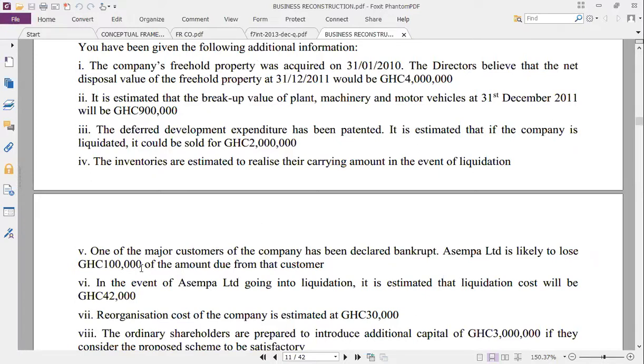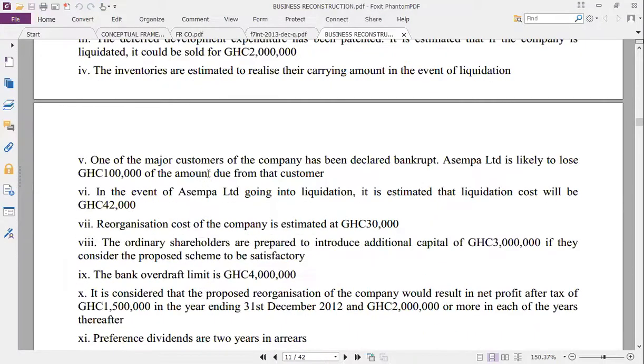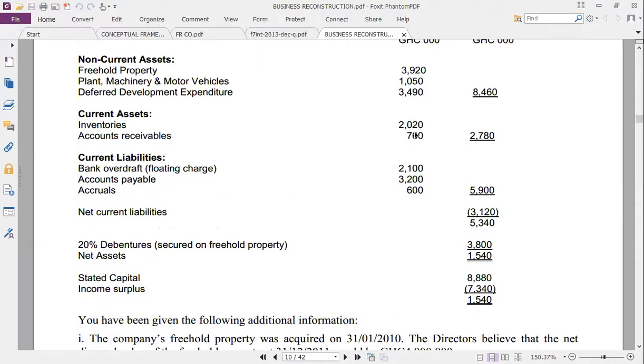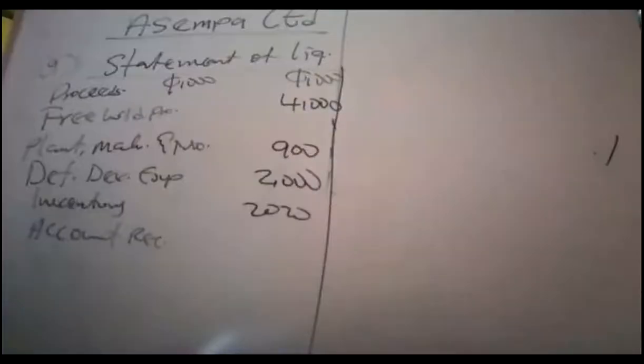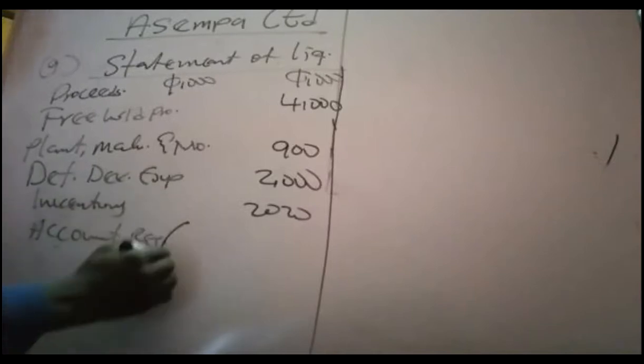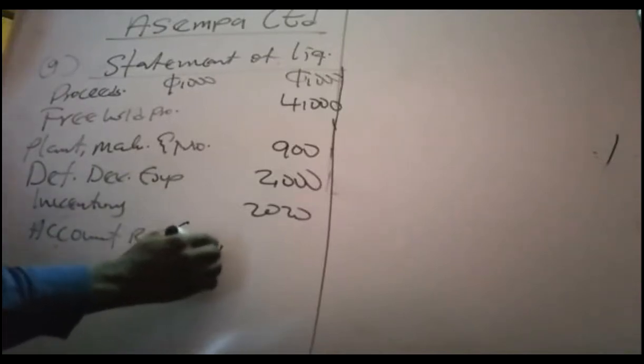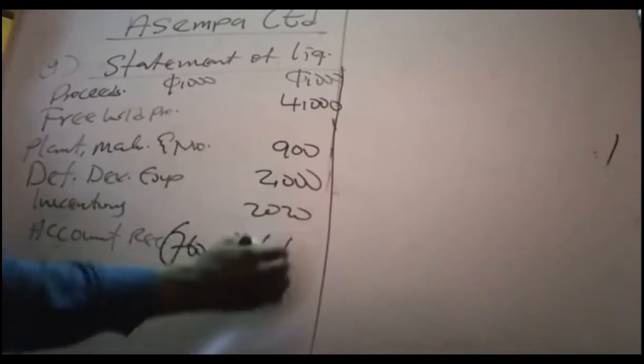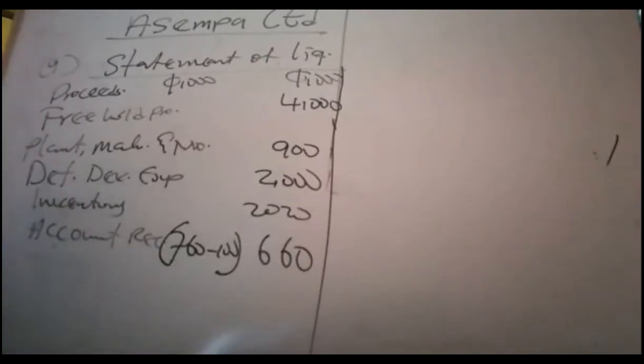That means you have to subtract 100,000 from the account receivable. The account receivable is 760,000, less 100,000, I get 660. Perfect. So 660. Then you are done.